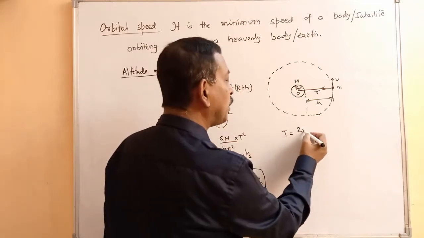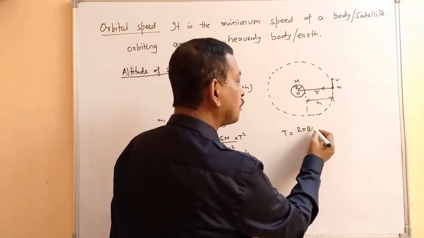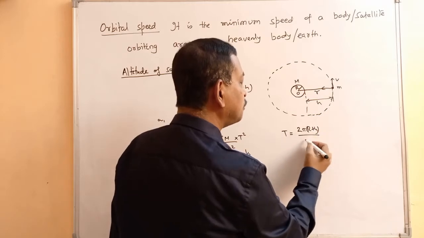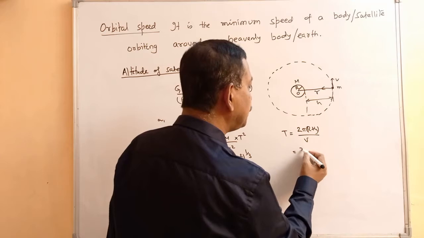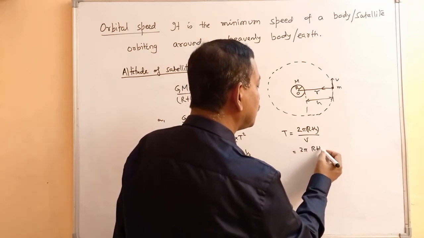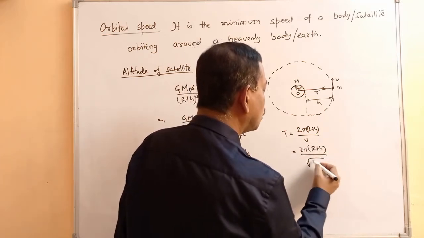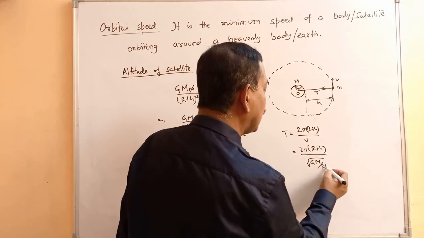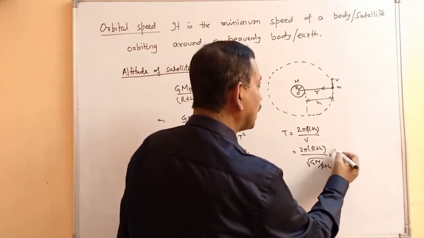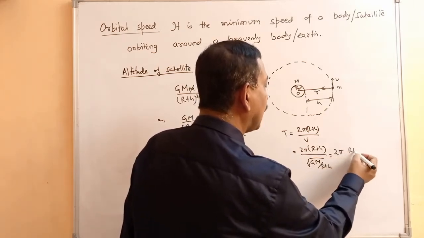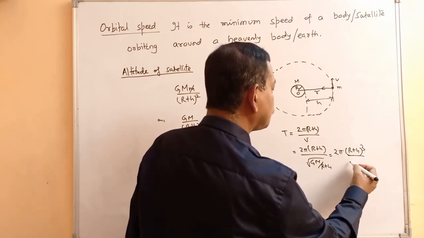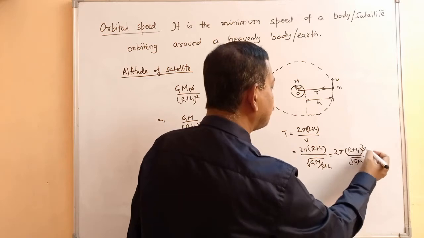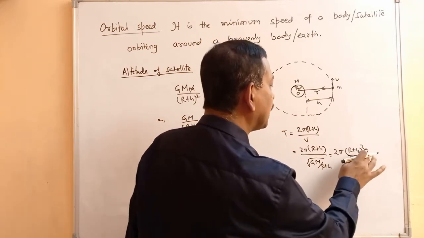That was your 2 pi R by v, and the expression for v we have got, this is the square root of GM by R plus h. So again you will get 2 pi R plus h whole cube divided by root over GM, and this is your power 3 by 2 here.